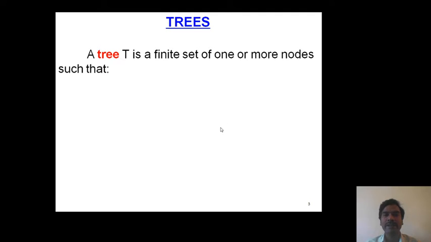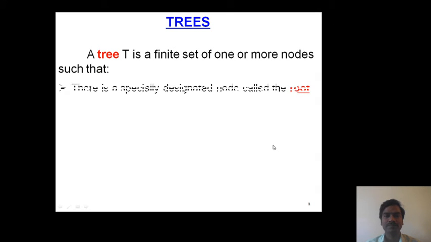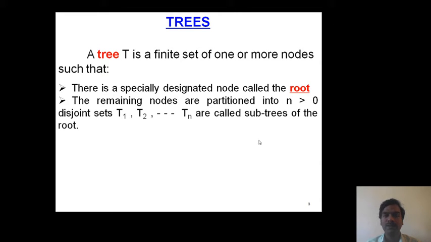Here a tree is defined as, assume the tree is indicated with capital T, a finite set of one or more nodes such that there is a specially designated node called the root node, and the remaining nodes are partitioned into n disjoint sets like T1, T2 and so on Tn, which are called subtrees of the root node.